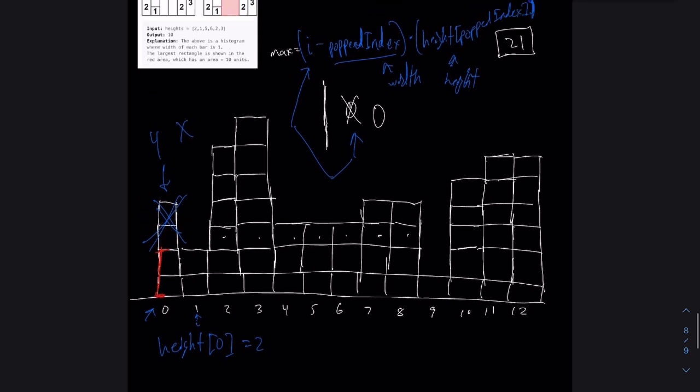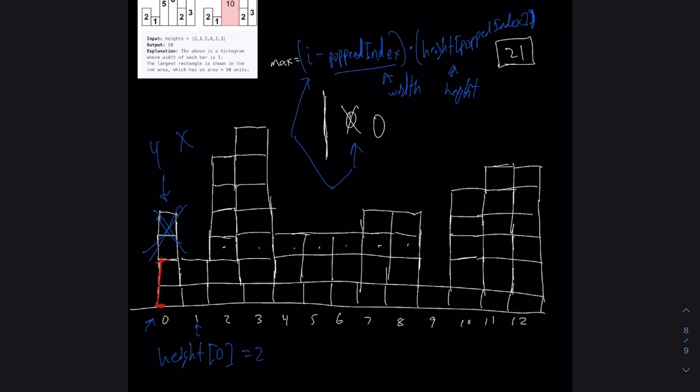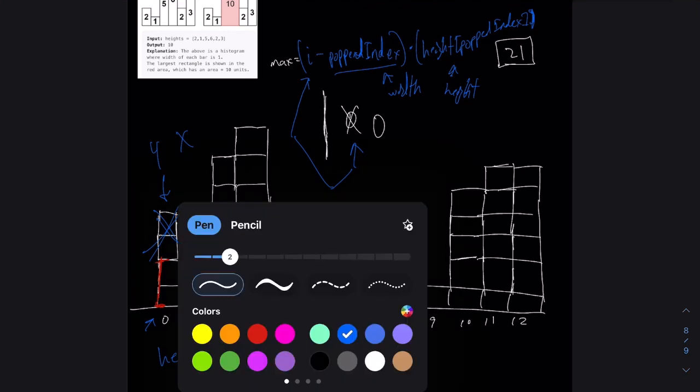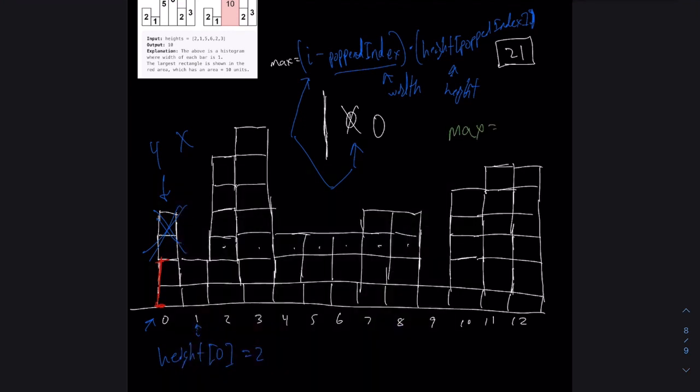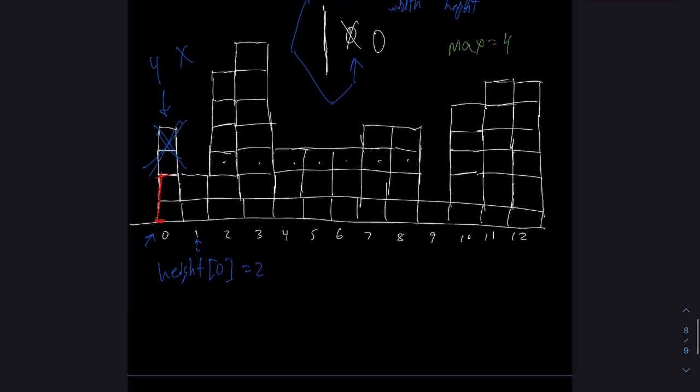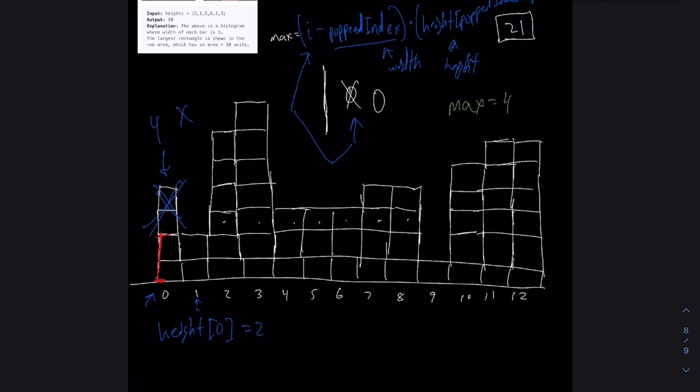Okay, so in this case, max is updated to be equal to 4. And then we change the state of our array. And then we can increment I to be over here now.